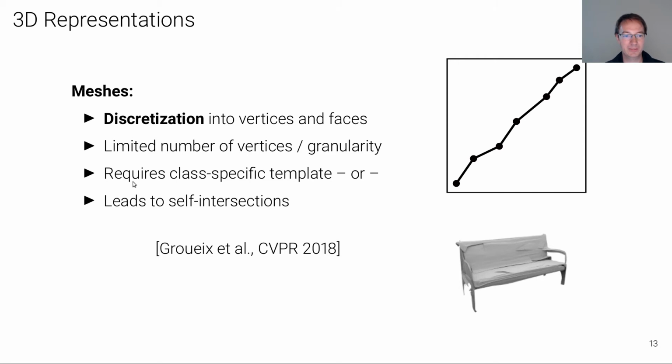And more importantly, they require either a class-specific template that is deformed, like a mesh model or a human body model that is deformed, or they are patch-based approaches that lead to self-intersections and non-watertight meshes, as in this example here of AtlasNet. And the reason for this is that meshes are just a very difficult output representation. It's very hard for a neural network to predict a mesh.